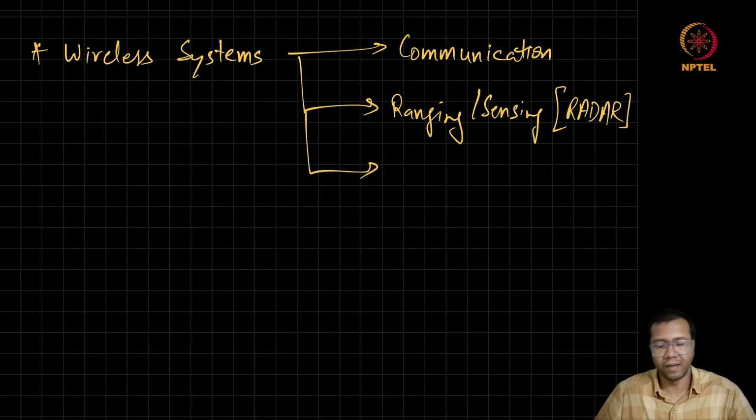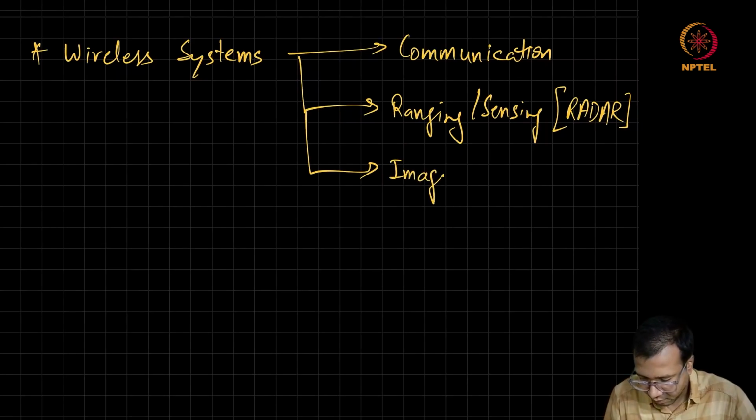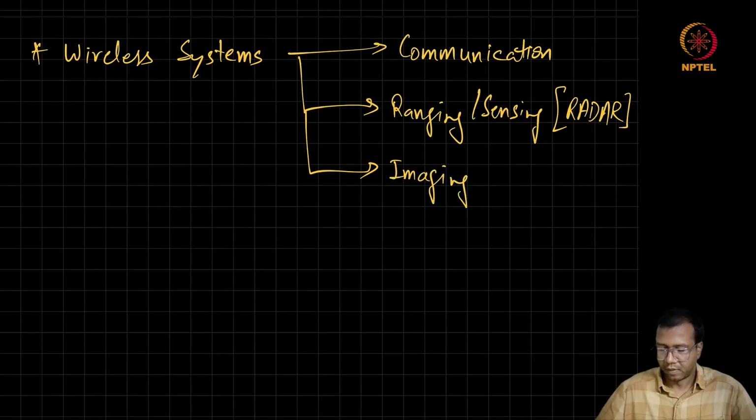There is another interesting application of wireless systems that involves trying to capture an image of an object which is at a far distance. This is called imaging. With conventional imaging, you are already aware that with the help of an image sensor you can capture the image and digitize the image data.